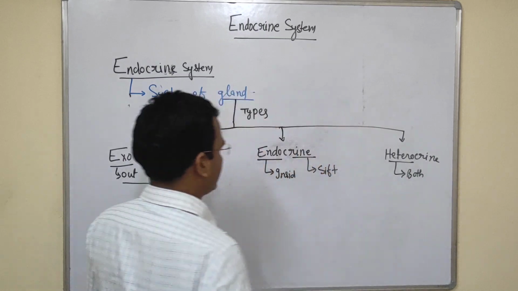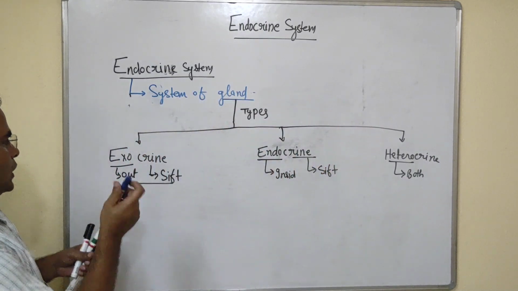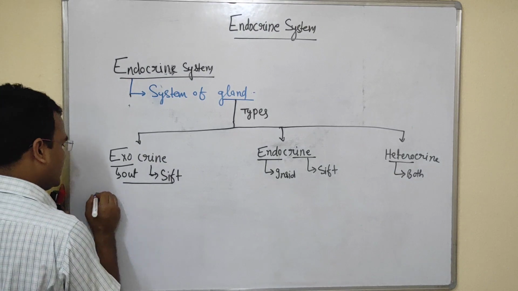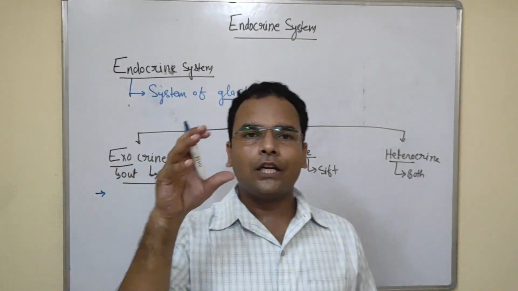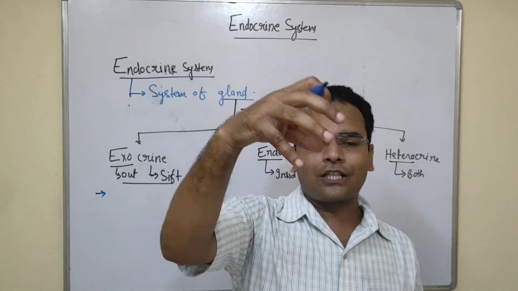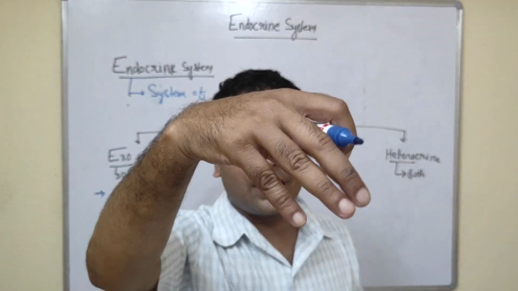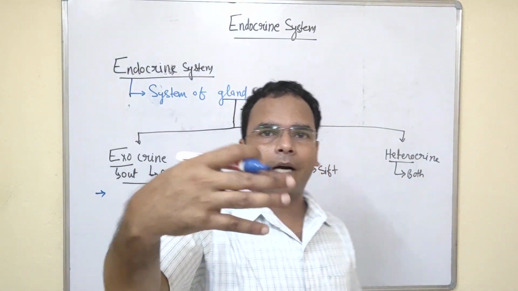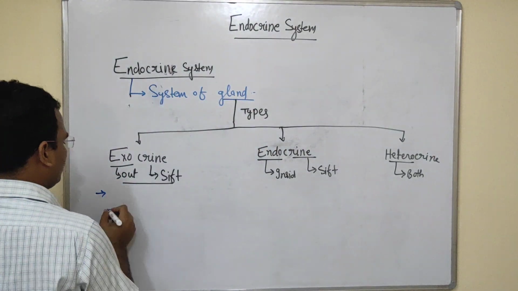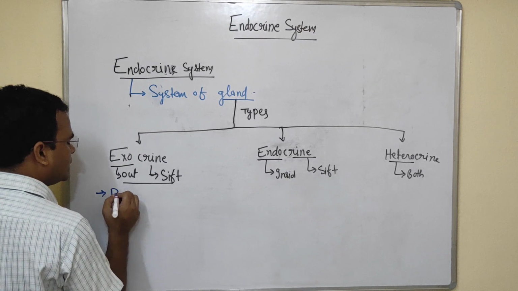So simply you can understand: an exocrine gland is a gland that pours its secretion onto the surface of the target organ by means of a duct. How does it occur?